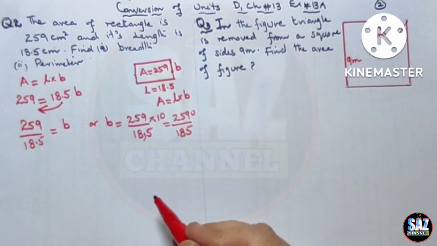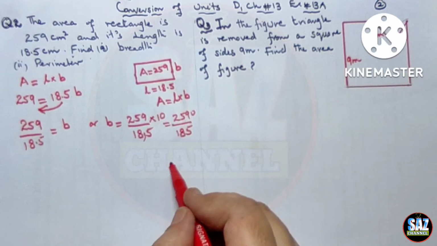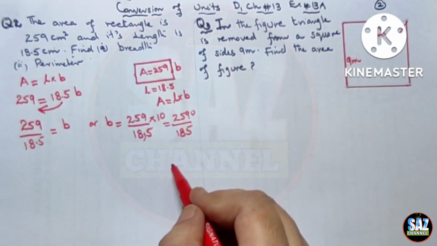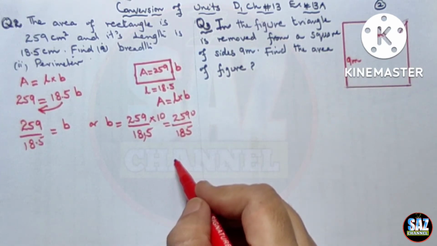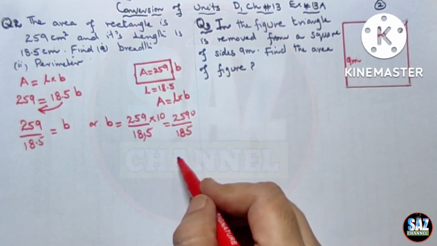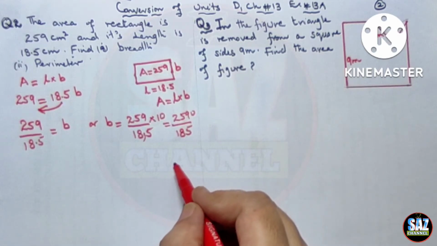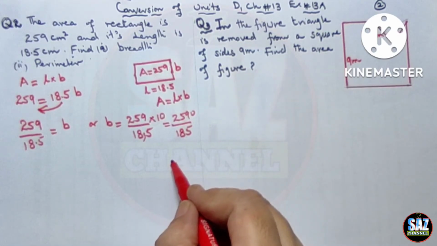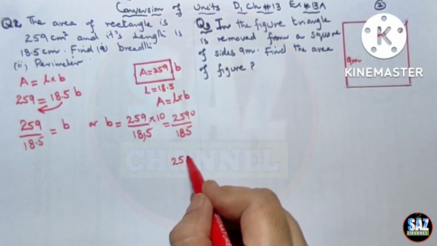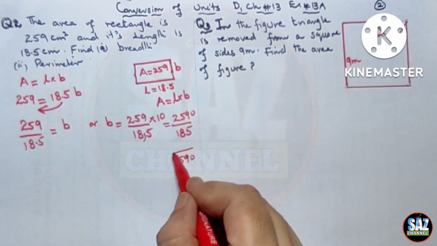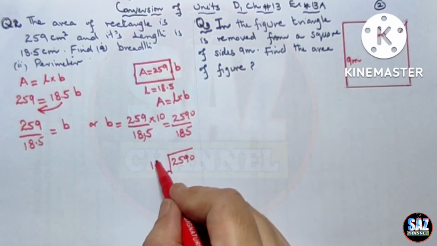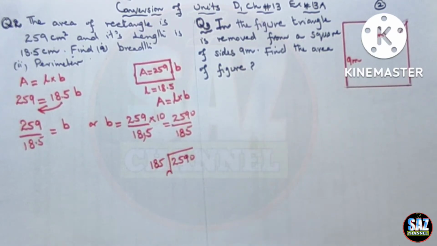Now it's time to divide 2590 by 185. First we can see that the table of 5 is suitable. If I multiply 185 by 2, 5 2s are 10, 8 2s are 16 and 1 is 17, 2 1s are 2 and 1 is 3, that will become big.